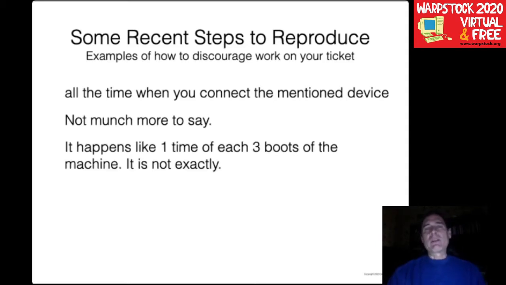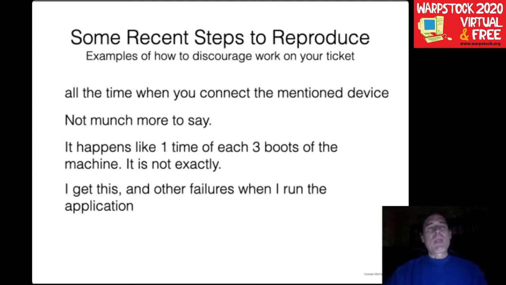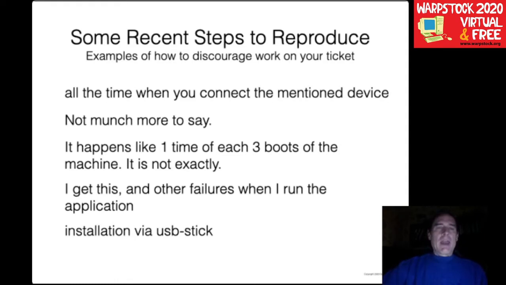It happens like one time of each 3 boots of the machine. Okay, still no steps. I get this and other failures when I run the application. Okay, still no steps. Next, install via USB stick. Okay, let's move on.